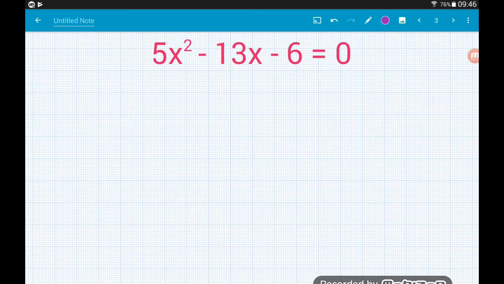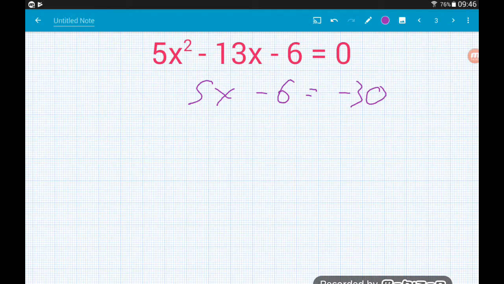Okay, example 2. Solve 5x squared minus 13x minus 6 is equal to 0. Again, we're doing it by factorising. So our first step here is to multiply the coefficient of the x squared term by the number term. So here, that's 5 times minus 6, and that's going to give us minus 30. Cracking.